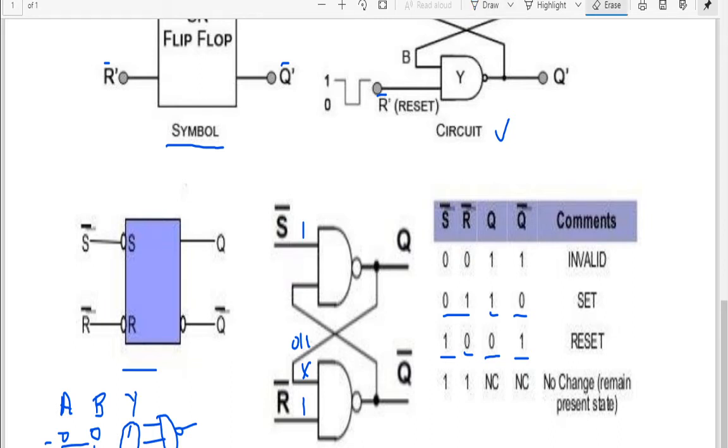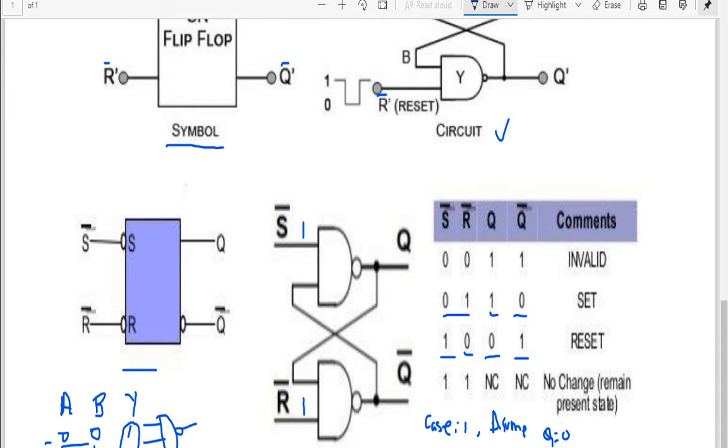So in that case, we are going to take two cases. In case 1, we assume that Q equal to 0.